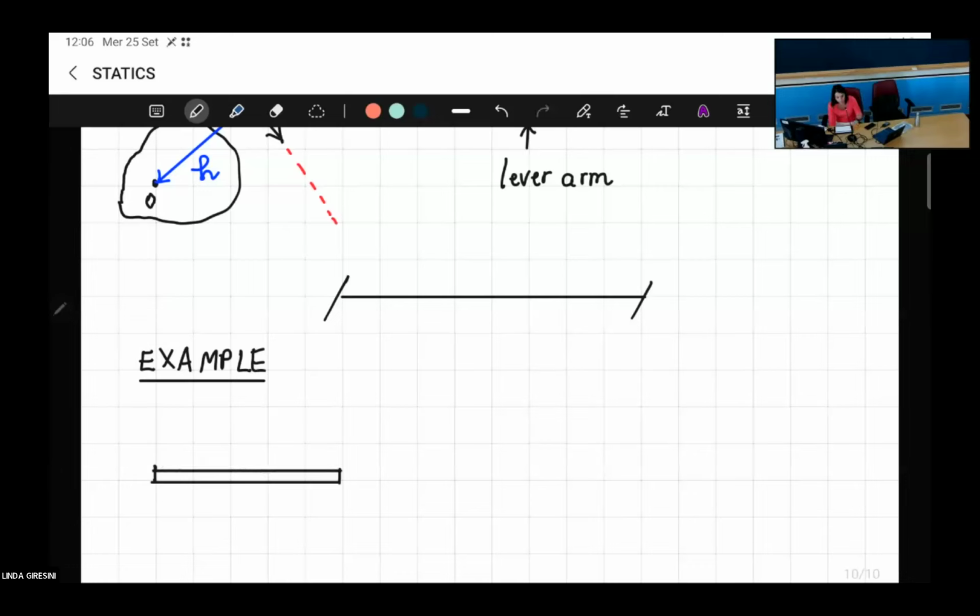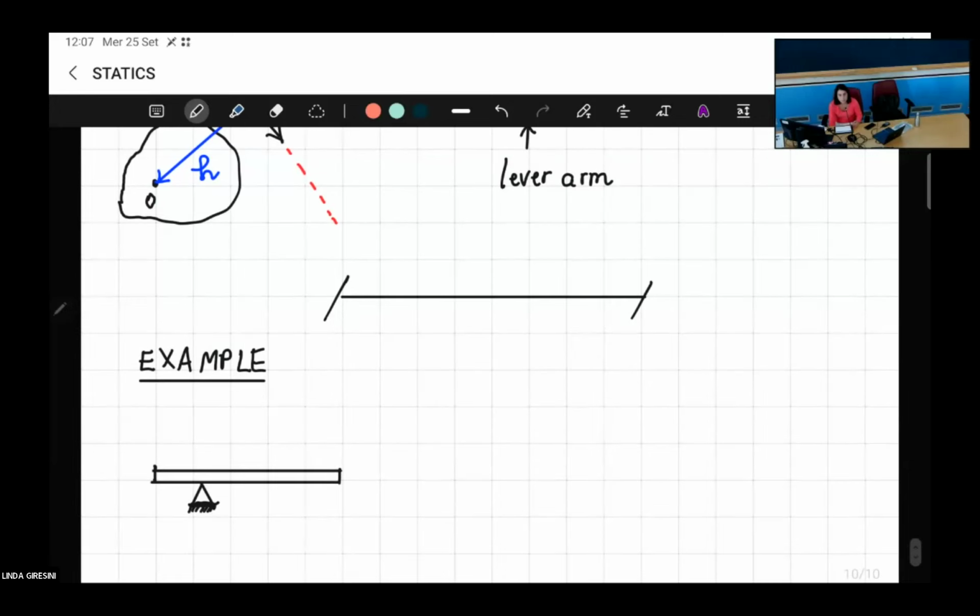It's like the swing that we saw yesterday in the example. And we have a support, which is a hinge. As I said, next week we will see the supports, which is a really important topic in structural engineering.